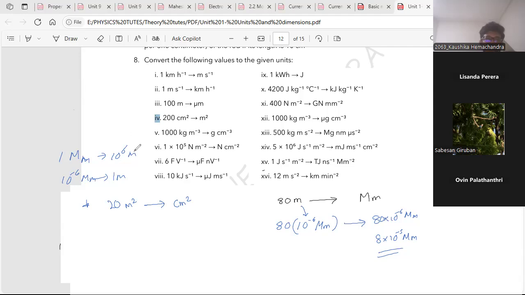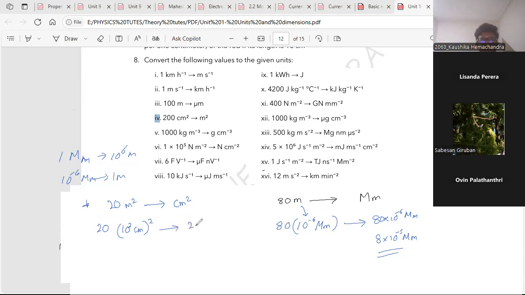20 meters square. So meters to centimeters is a big value, so meters squared in centimeters squared also should be a big value. So how do we do it? 1 meter is 10 to the power 2 centimeters. But now it's meter square, so square that.